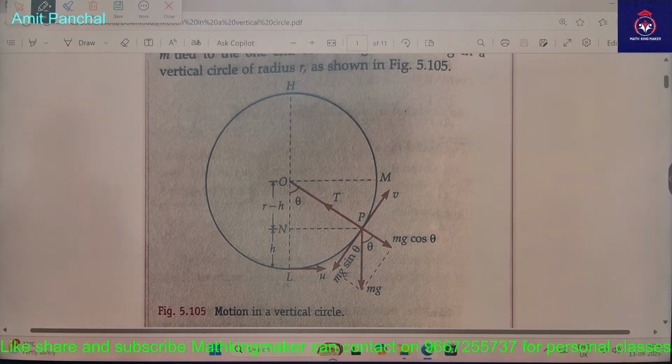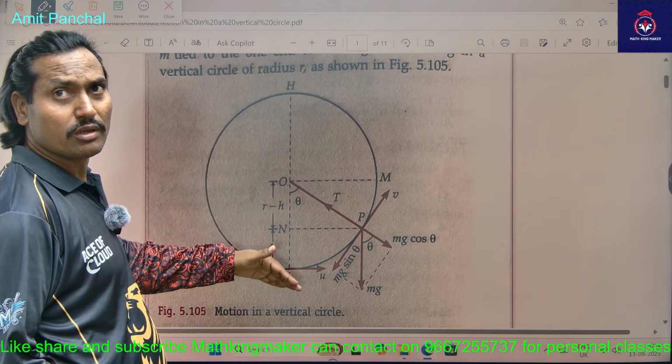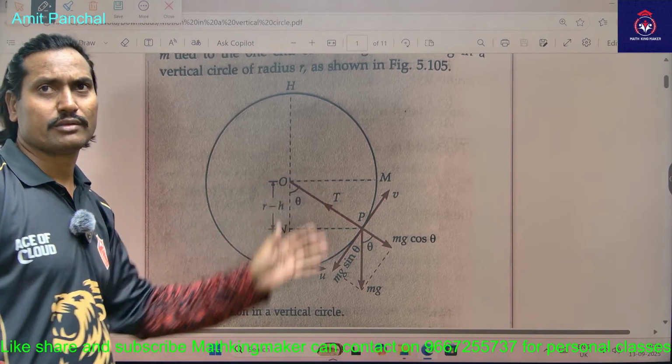Okay, so now we'll discuss conditions for oscillation. There are two conditions in which the body can fall, and it will oscillate.